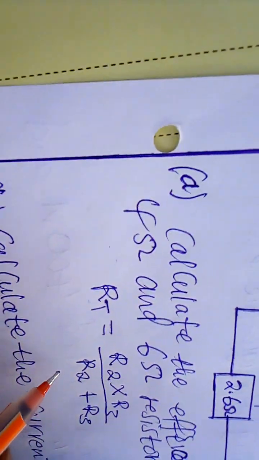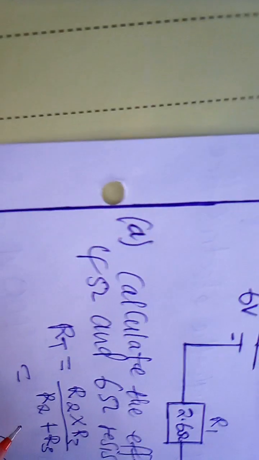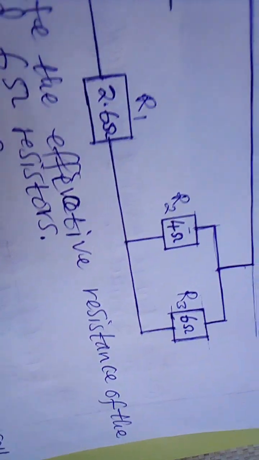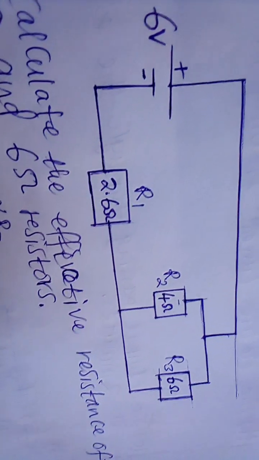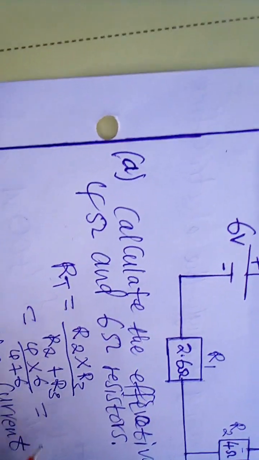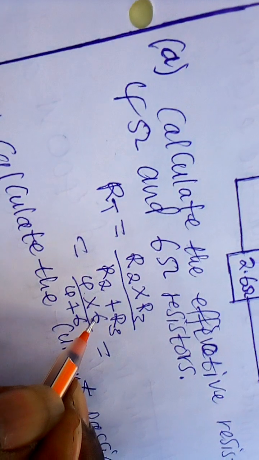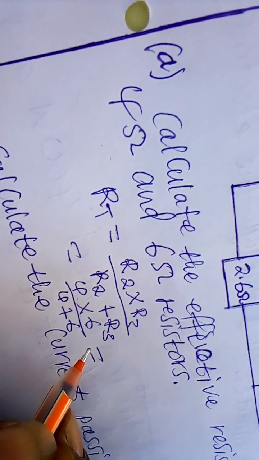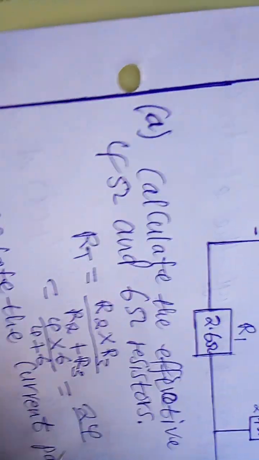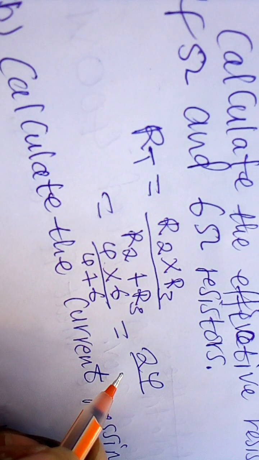At this point we can substitute. R2 is 4 ohms and R3 is 6 ohms, so we write 4 times 6 over 4 plus 6. 4 times 6 is 24, and 4 plus 6 is 10.